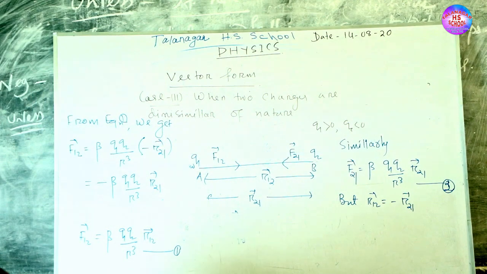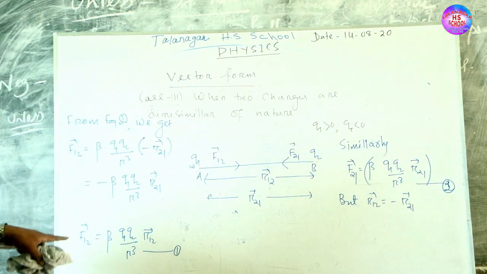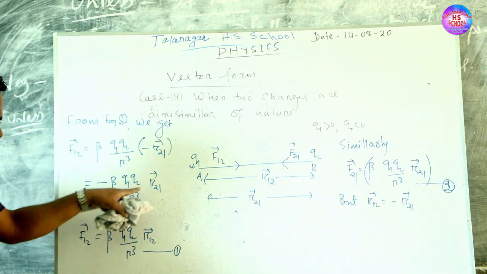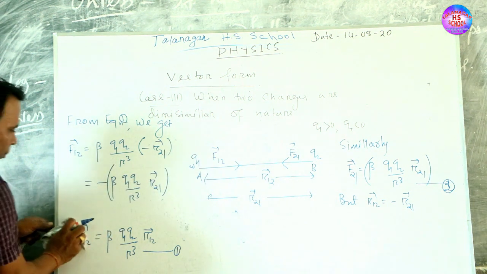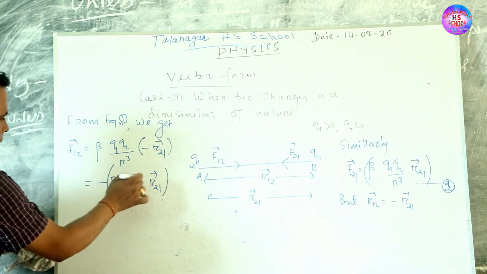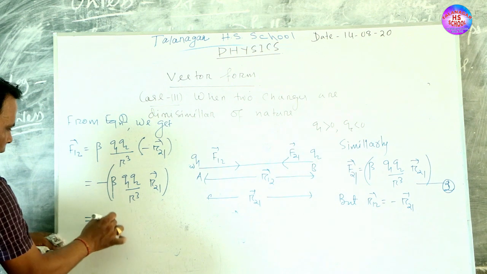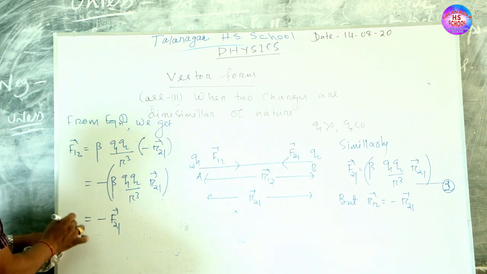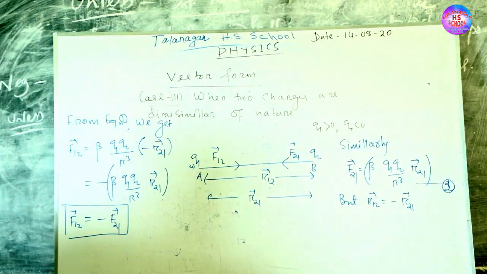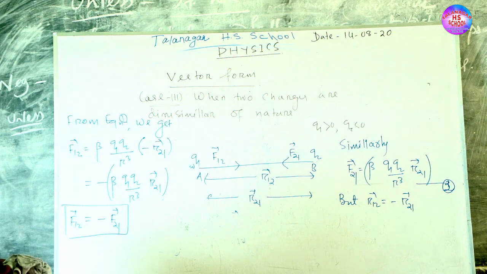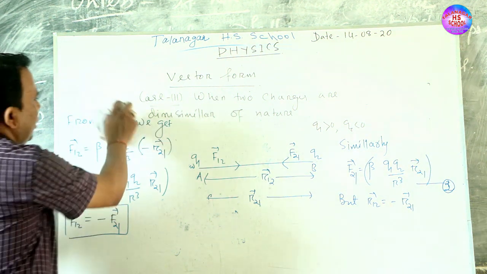You see that in equation 2, F21 is equal to beta Q1 Q2 by r cube into R21 vector. Now F12 is equal to the negative of F21. This is the vector form when two charges are dissimilar of nature.